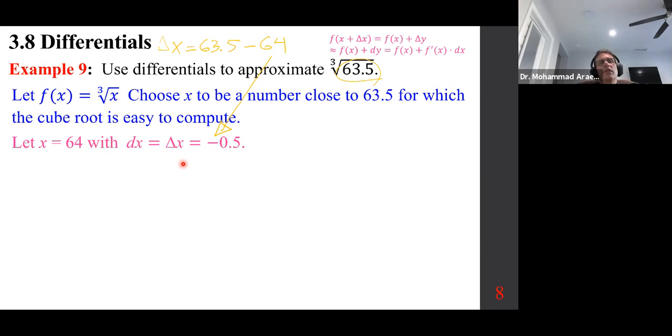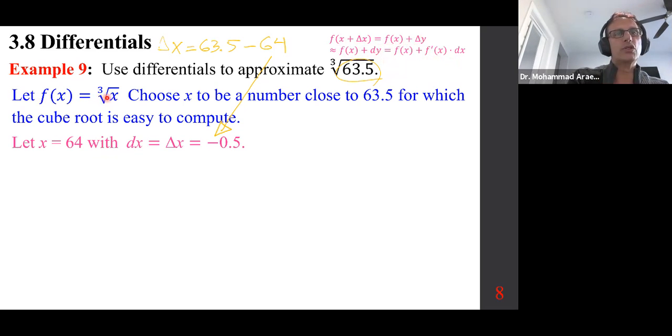So the very first thing is to look at f of x plus delta x, which is precisely f of x plus delta y, and it is approximated by f of x plus dy. Therefore, we need to find f prime of x and then tag along dx to give it a name dy.